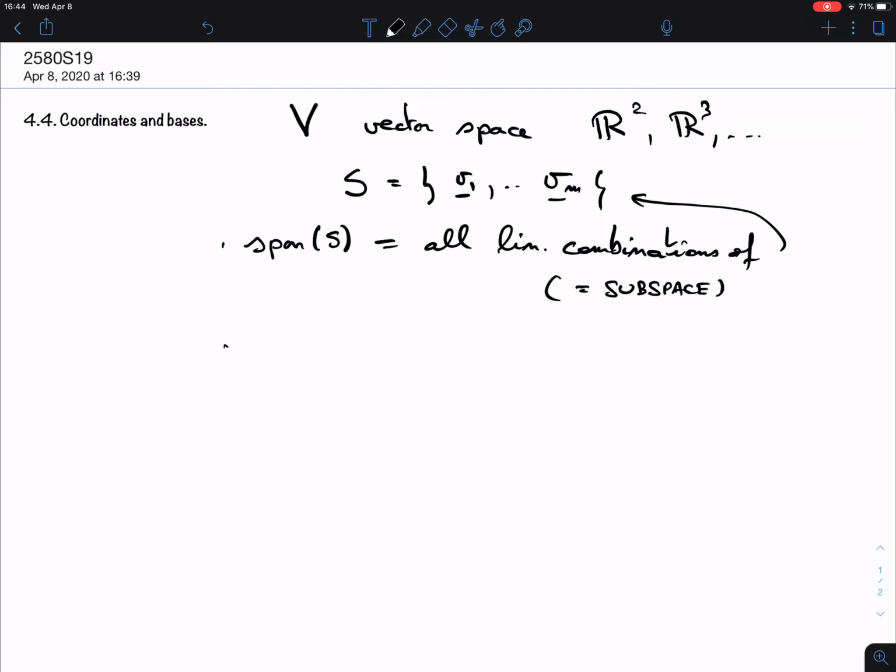And the other thing we discussed, and that was in the previous lecture, is S is linearly independent. And that meant that no element in S is a linear combination of the others.